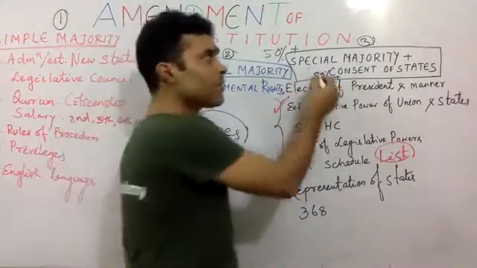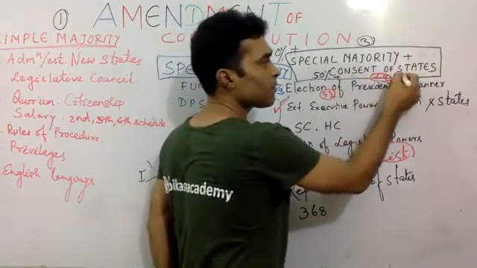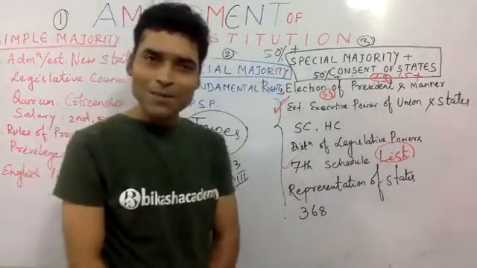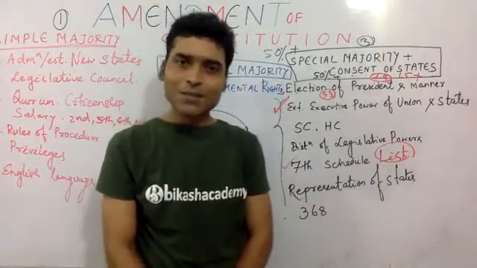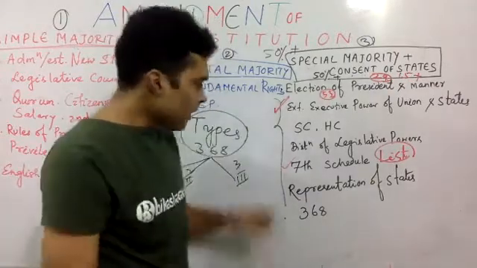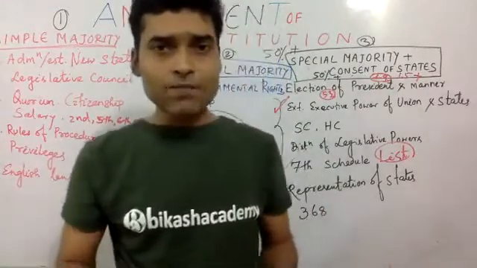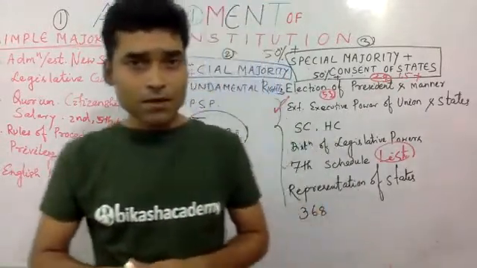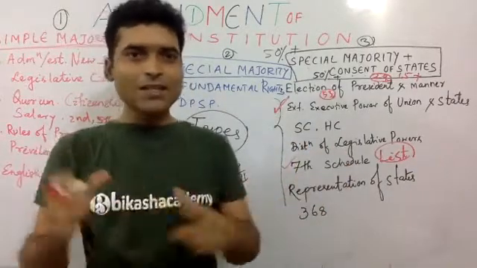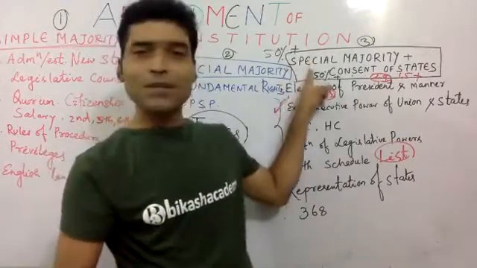Always remember, 50% of states means, suppose we have 29 states, 15 plus states must approve this by a simple majority in their respective assemblies or state legislatures. Next one, representation of states. Whenever we talk about representation of states in Rajya Sabha, if we want to increase or decrease the number of seats in Rajya Sabha, this method is applied.